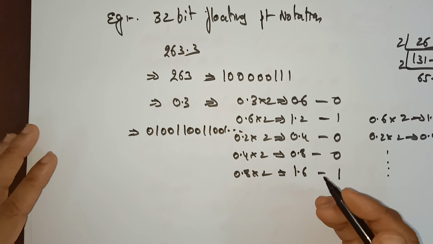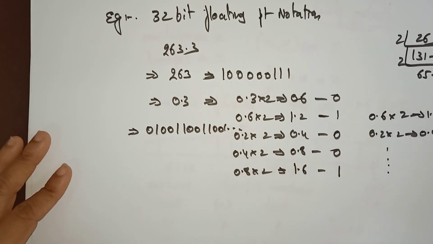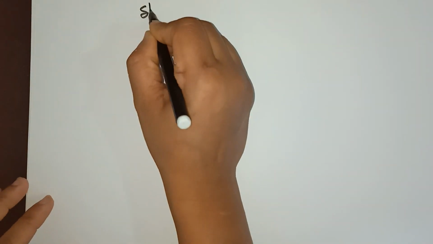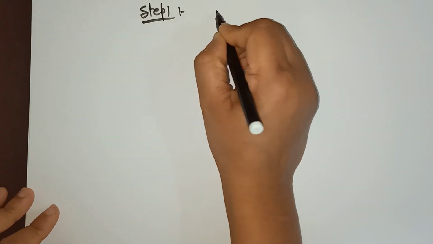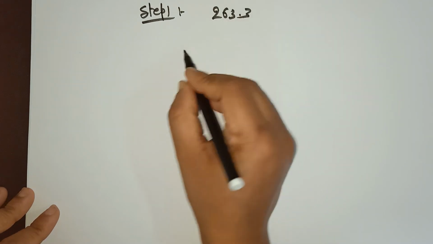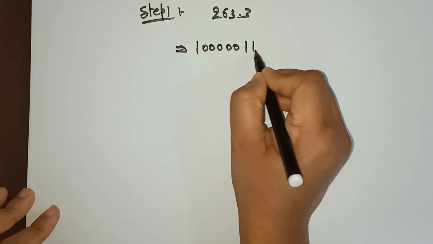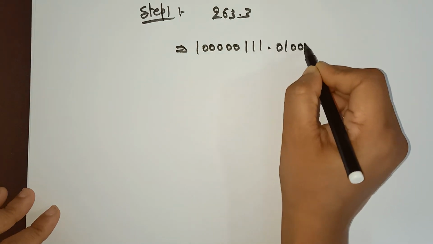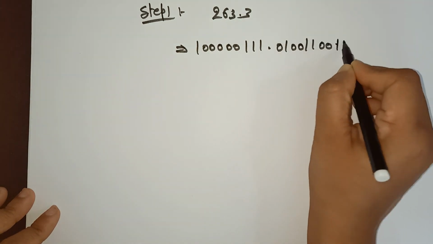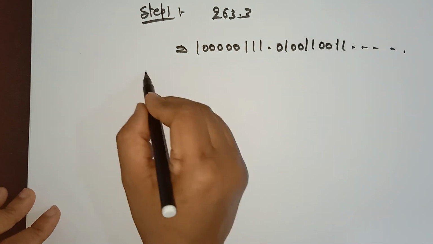Okay, so now step 1. I'm just explaining how to convert this number into the IEEE standard form, the floating point representation. Step 1: 263.3 is converted into the binary number 100000111.0100110011, and so on.